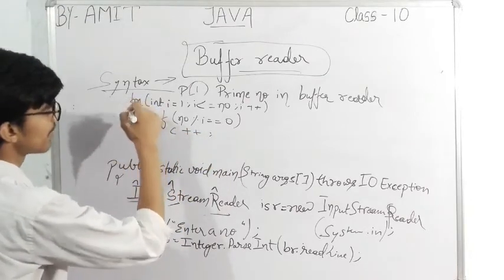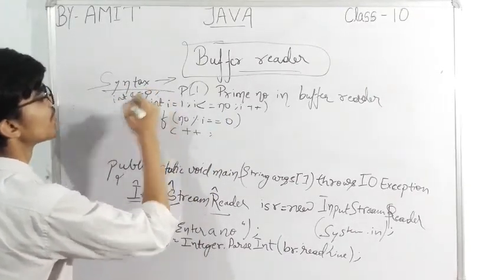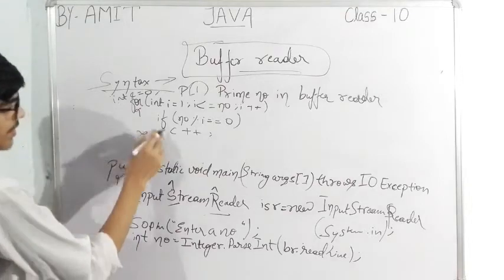Here we'll store one variable, int c = 0. This we have done.